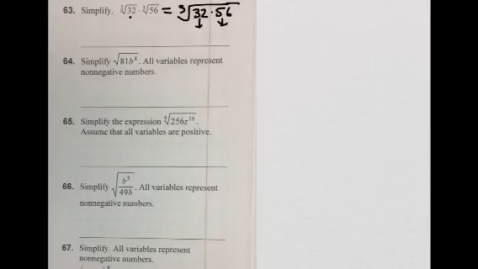So 63, I just combine them to a single radical because they both have index 3. So this is, let's see, 32, you can rewrite it as 2 to the 5th power. That's 32. And 56, you could have that as 7 times 8.